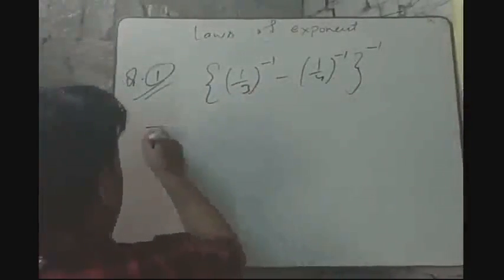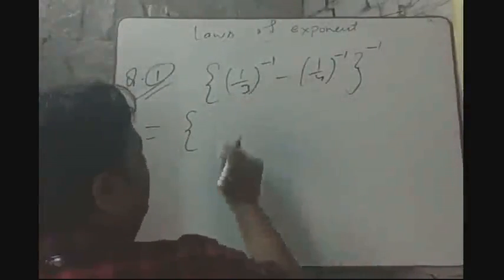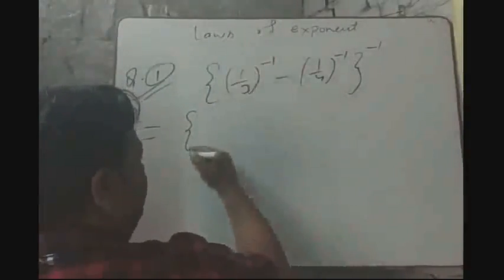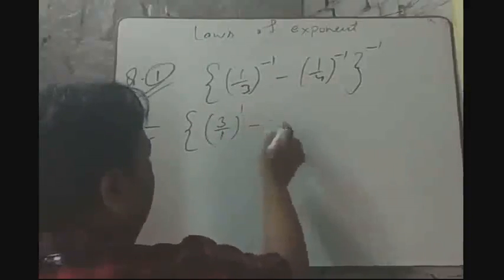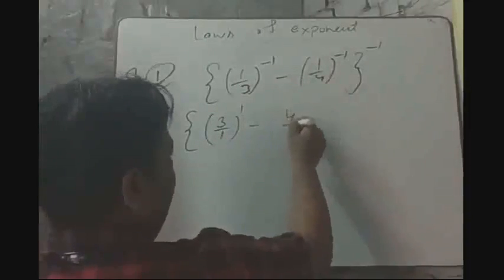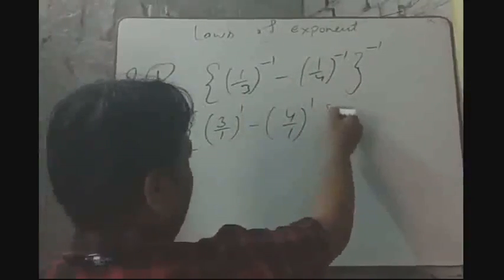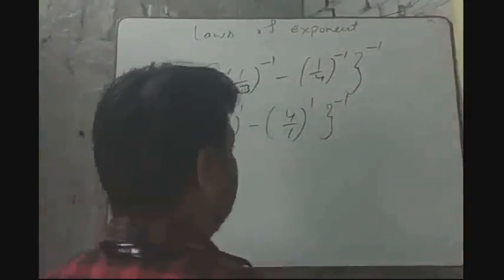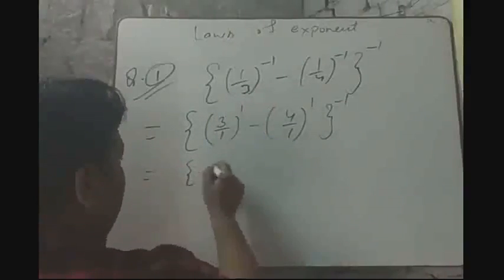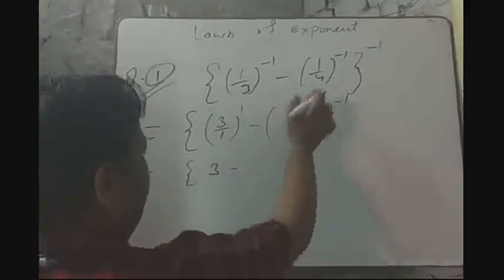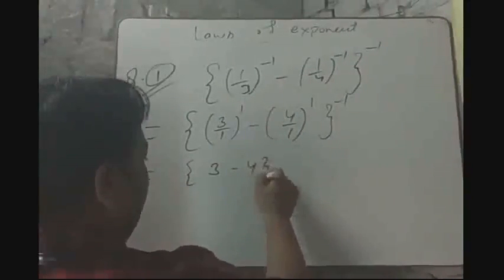How? See, at first it has a negative power, so we will write the reciprocal of this. That is, we will write 3 by 1 to the power 1. Again for this we will write 4 by 1 to the power 1. Now the whole power is minus 1. Now 3 by 1 to the power 1, the value will be 3, and 4 by 1 to the power 1, the value will be 4.